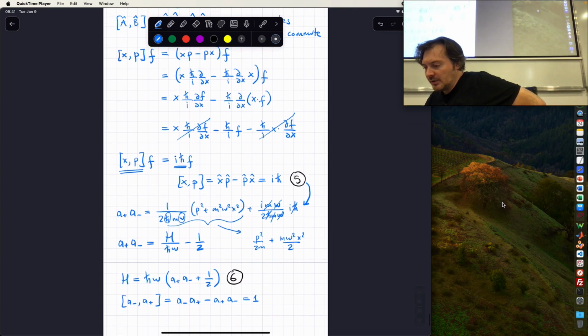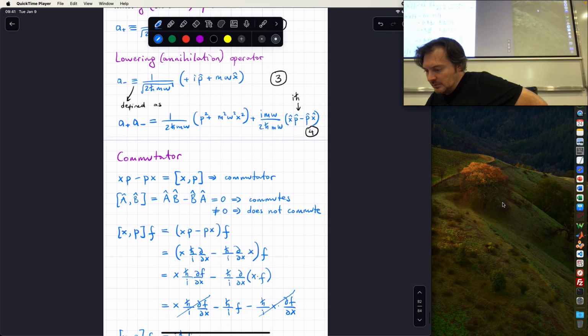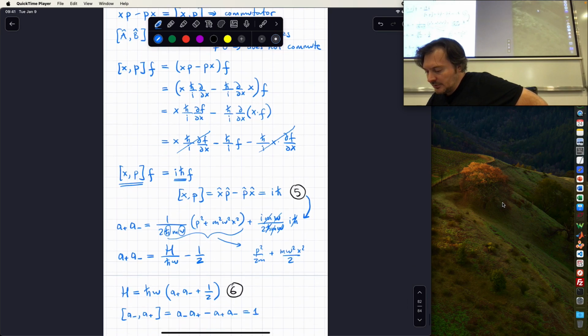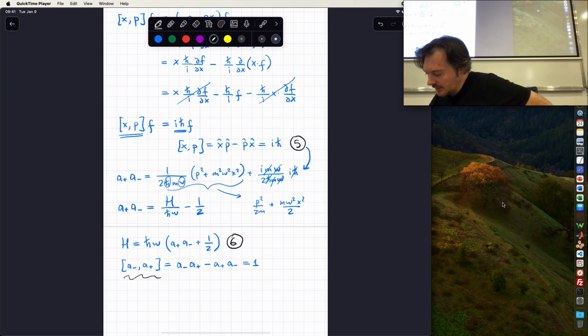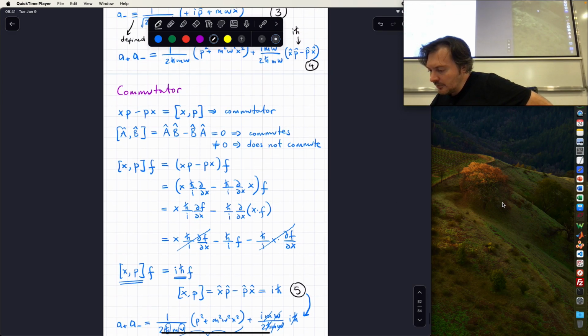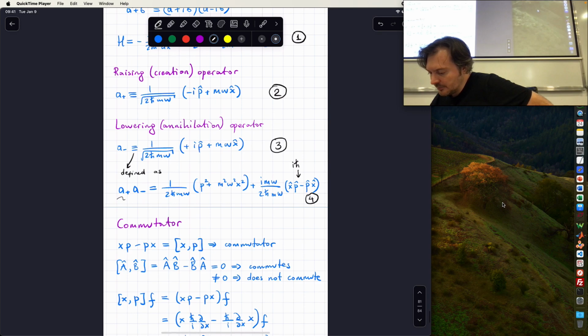By the way, if you want to see why this is the case, you can just follow all this by starting from here with A minus A plus and see where it goes.